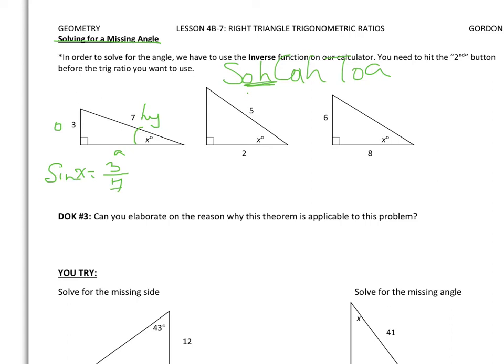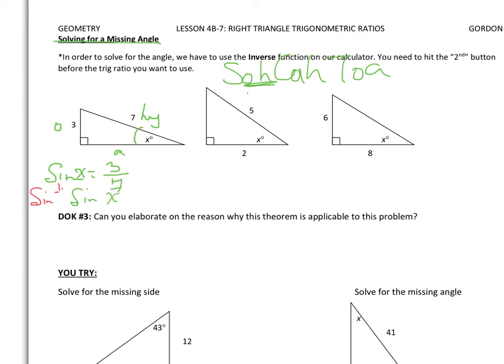Now we want to find out what x is, and x could be also called theta, but it's missing, so we call it x. Now we're going to find the inverse of both sides. So if you're showing your work, this would be the best way to show your work.